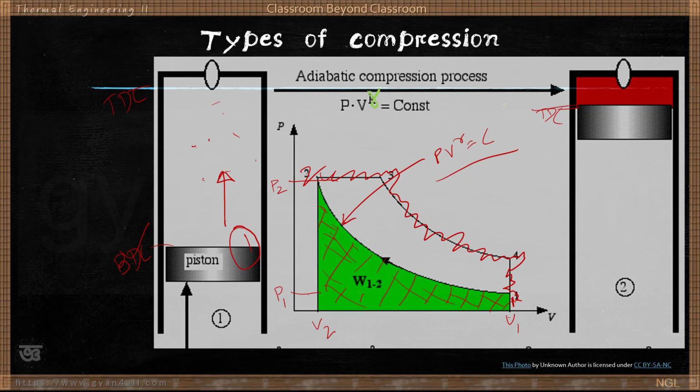This point is point 2, and this is shown in this PV diagram. So in the PV diagram, process 1, 2 is an adiabatic compression process, and the area under the curve 1, 2 represents the work done on the compressor during the process.